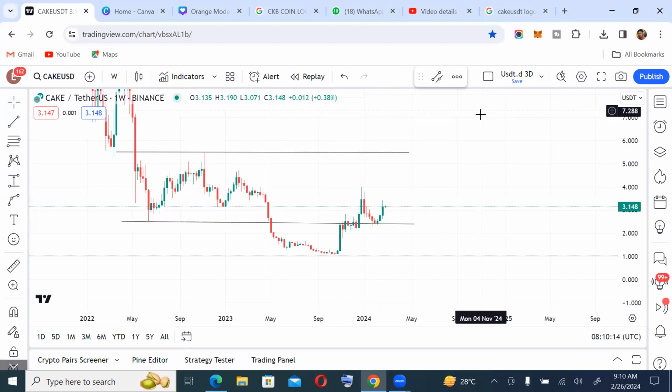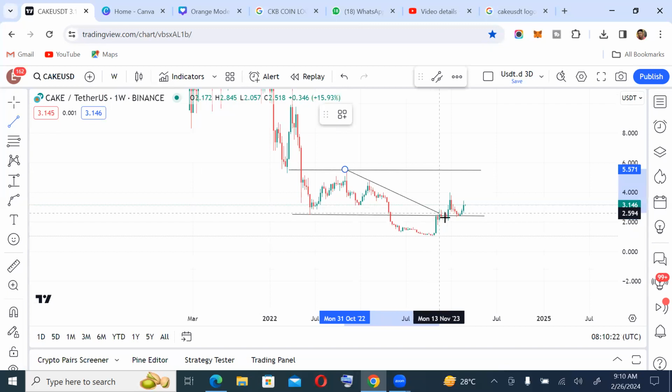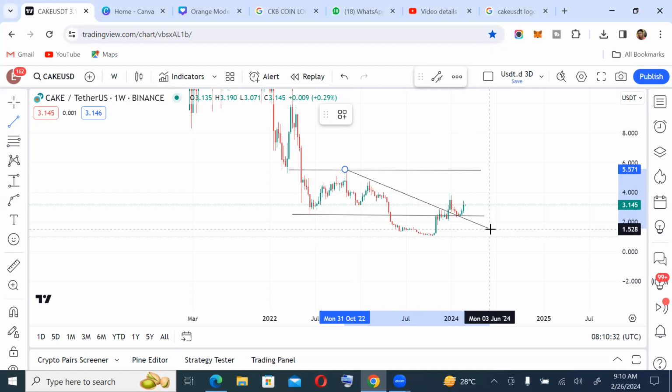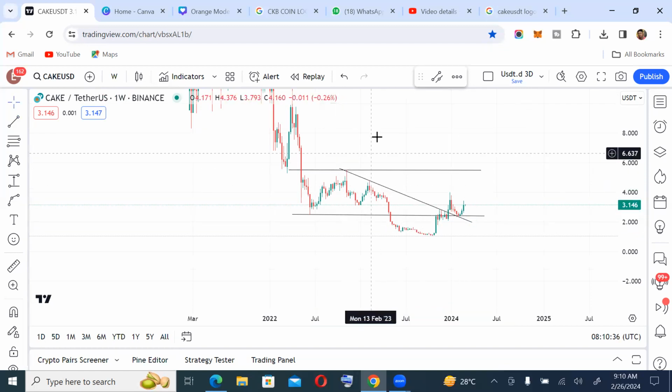If you also look very clearly, you see that we have a downward wedge pattern already forming here. It's going to be looking something like this.